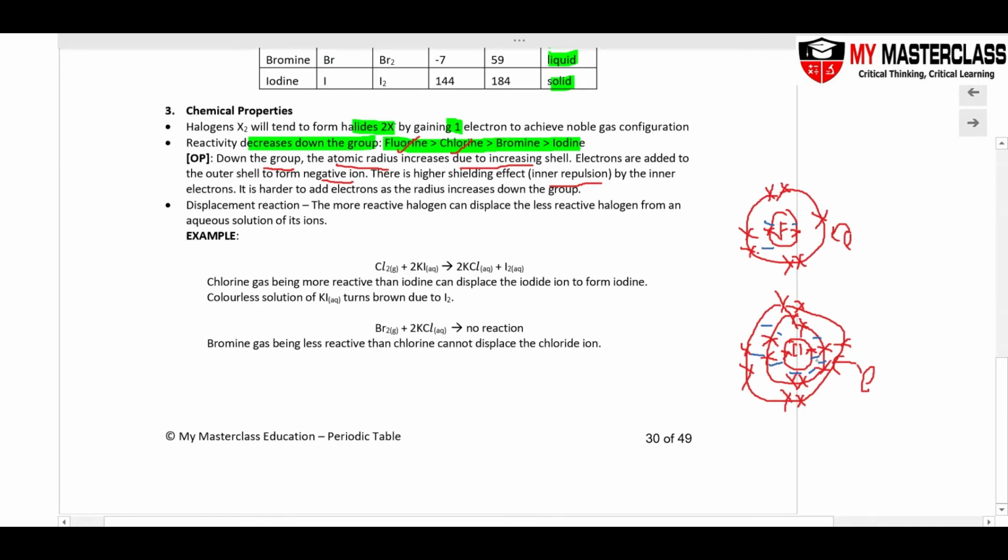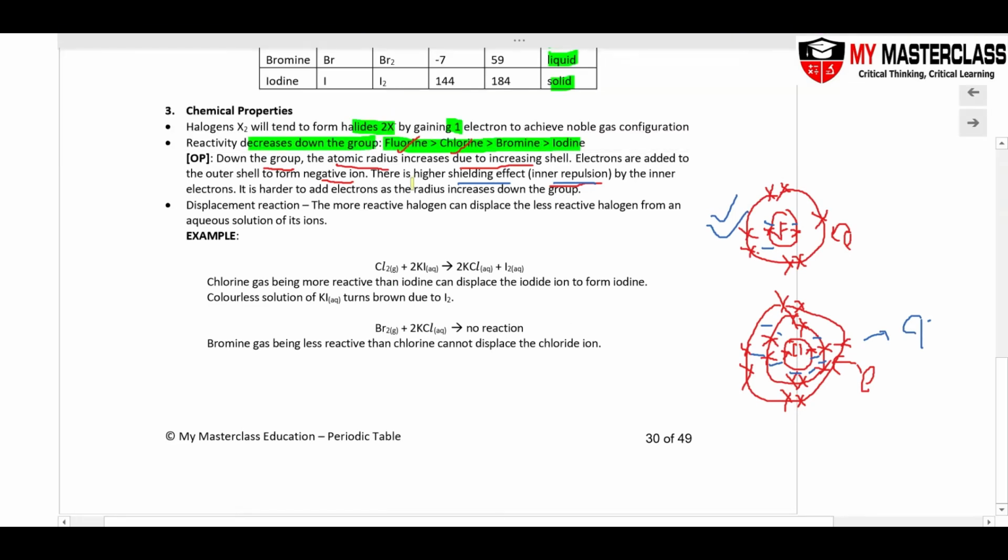So it is harder to add these electrons into chlorine to form Cl minus. Why? Due to the inner repulsion, or we call inner shielding effect. All right, so it's harder to add the electrons in, it's harder for them to react, and therefore my fluorine is more reactive than chlorine.